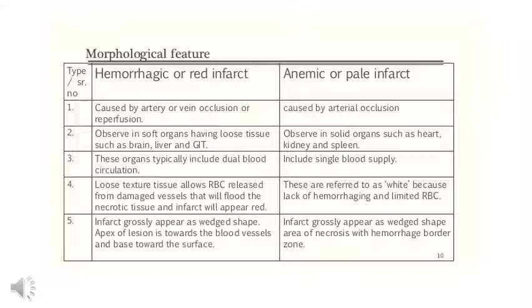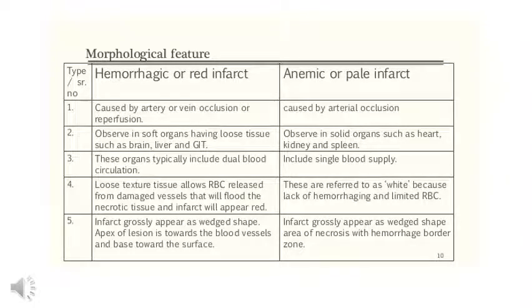Vein occlusion can cause red infarction, especially in those tissues which are loose tissues. For example, the brain is a very loose organ, the gastrointestinal tract is very loose in structure, and the lungs are also a very fragile, loose structure. The liver is also a very loose structure.